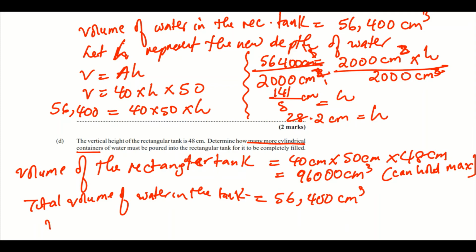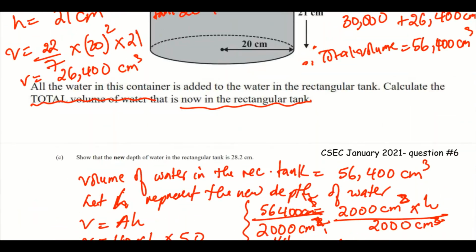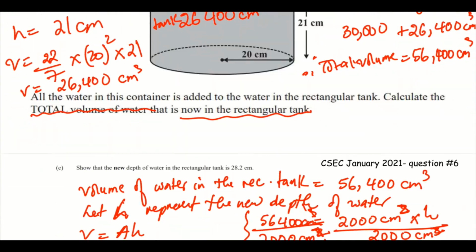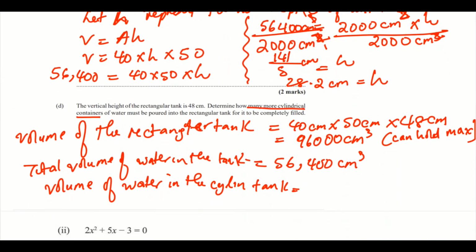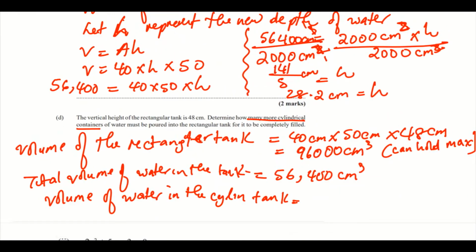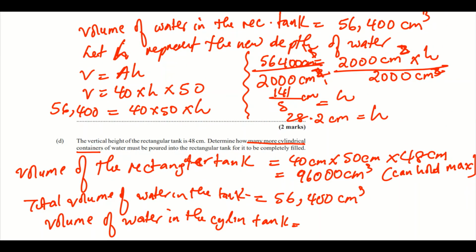What else do we already know? We know that the volume of water that the cylindrical tank can hold is, let's check back, 26,400 centimeter cube. We know it can hold that maximum.